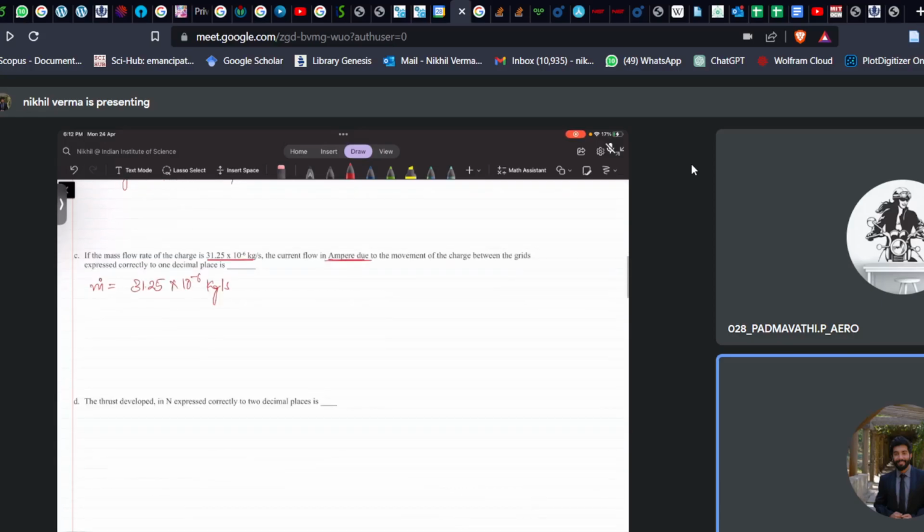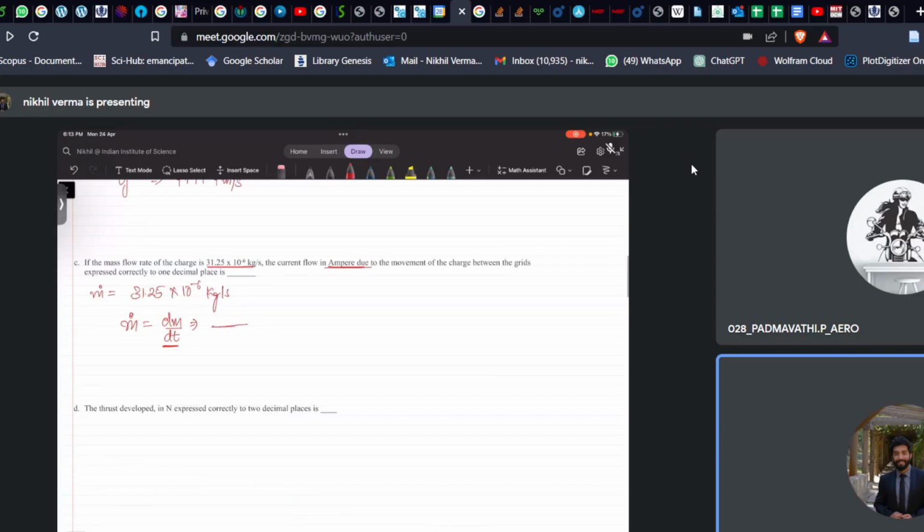To calculate this, m dot is dm by dt. The time interval can be calculated from the charge and the current, so the current is m dot times q by m.